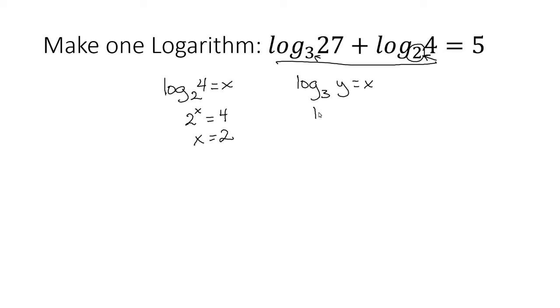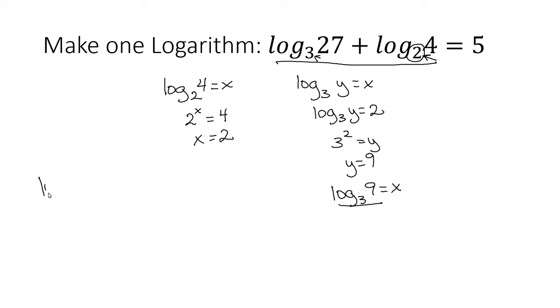So over here we can plug this in: log base 3 of y equals 2, and then 3 squared equals y, and we know 3 squared equals 9. So that's our y value, and we can plug this back in as log base 3 of 9 equals x.